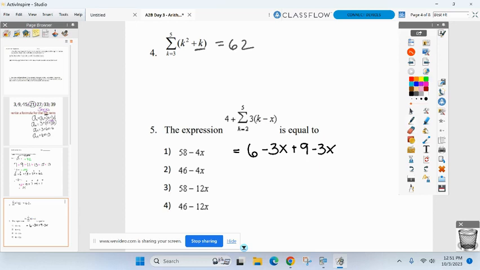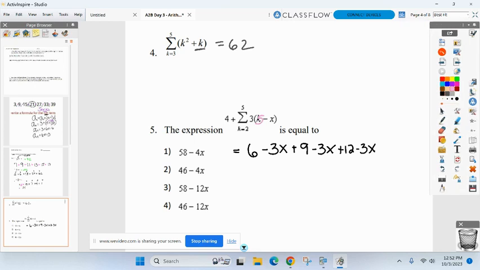Plug in 4 for k. Distribute. And what's my next term now? 12 minus 3x. All right, one more to plug in, right? And that's 5. So what are we looking at here? 15 minus 3x. And don't forget, what do we still have to add to all this? The 4, right? So I'll put that in now. We've got to add in the 4.